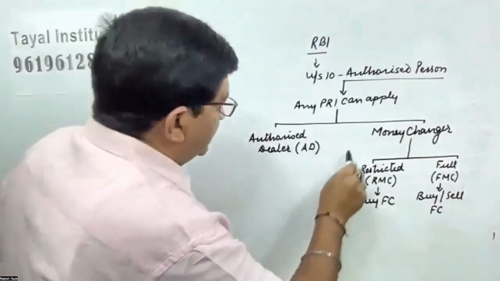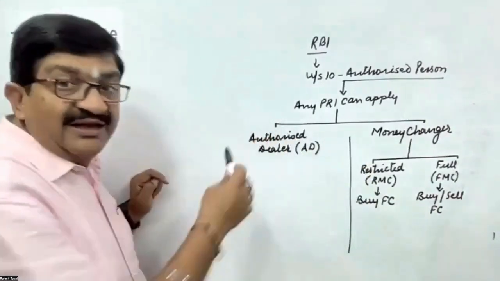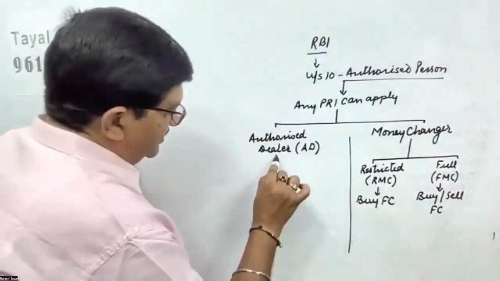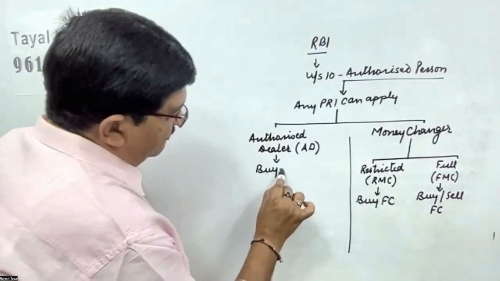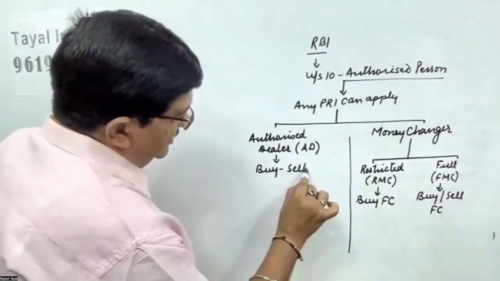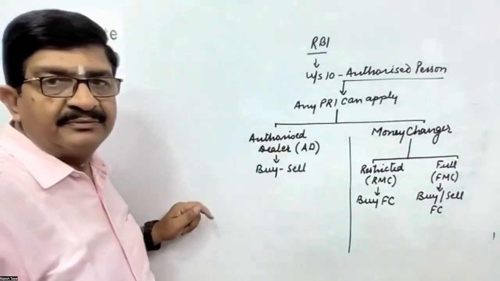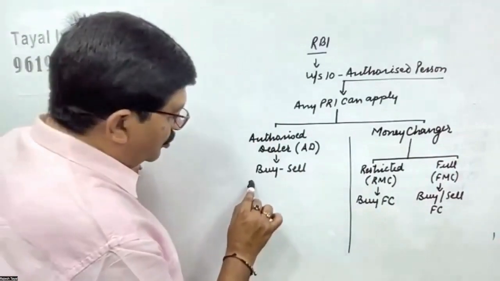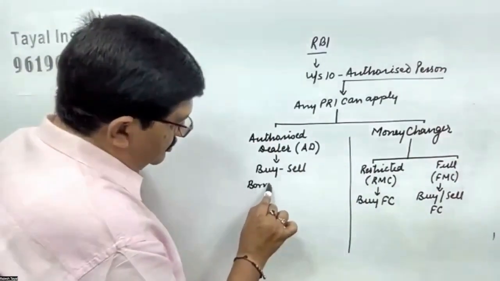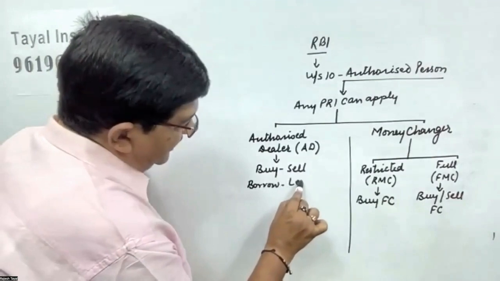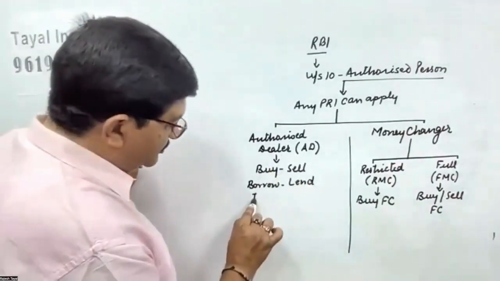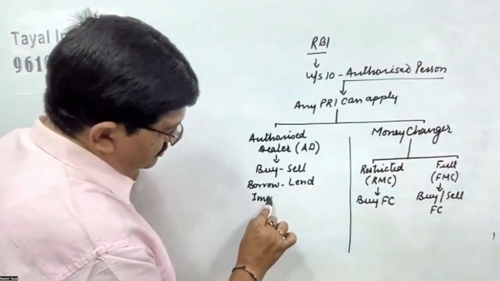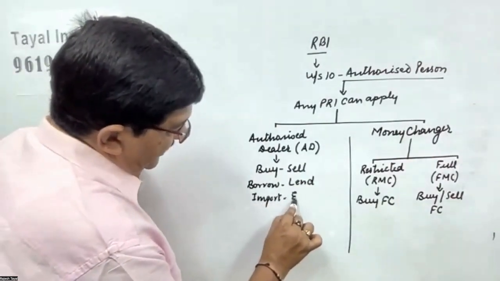As far as the authorized dealer is concerned, he can buy, sell, borrow, lend, import and export.